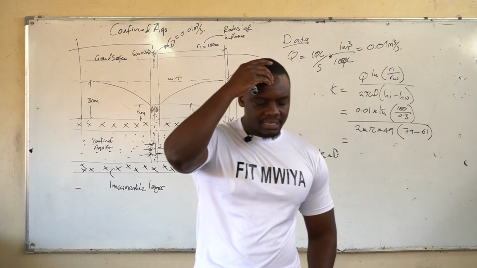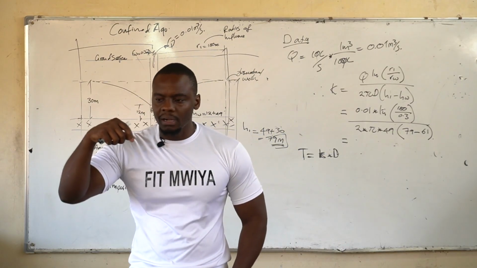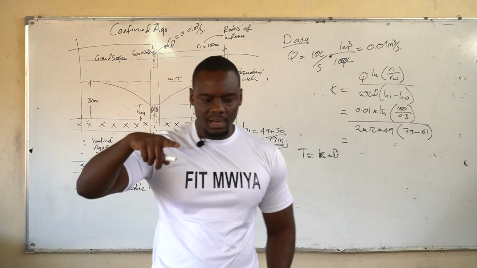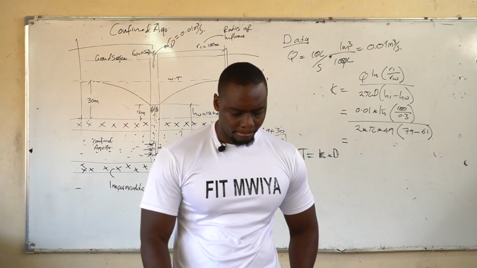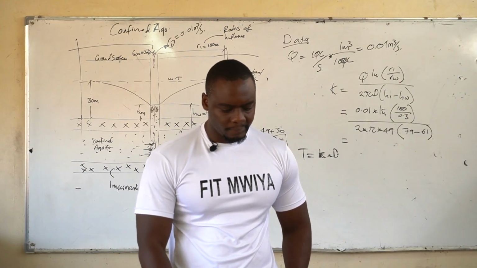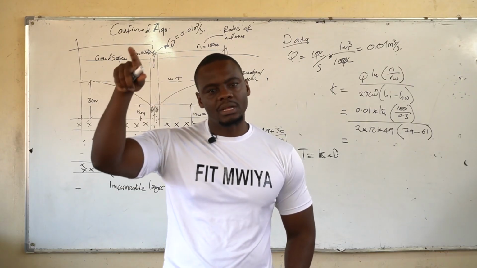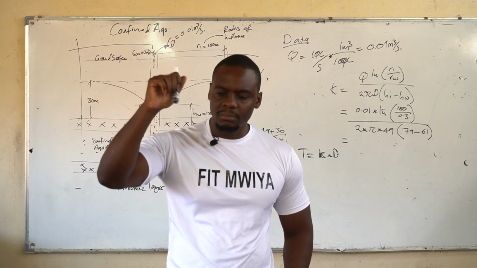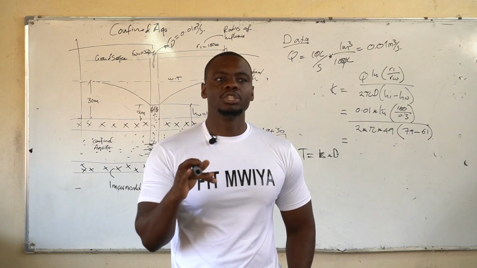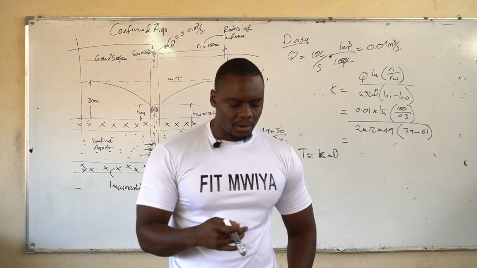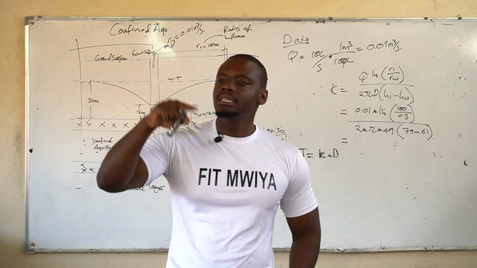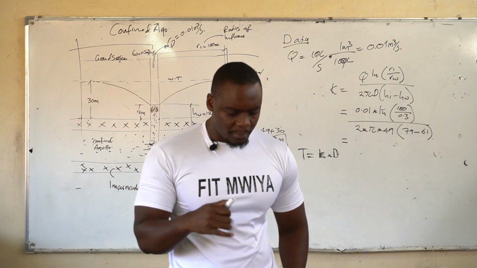The transmissivity, comma, put a capital T, because that's the denotation. After the capital T, you put another comma.